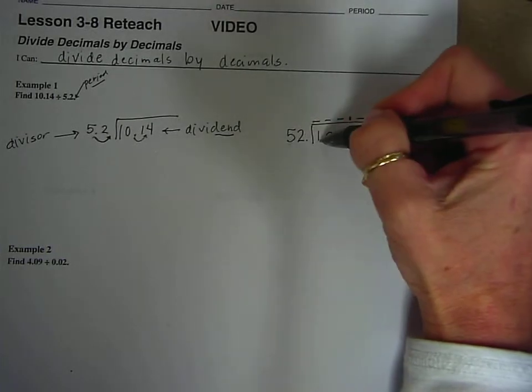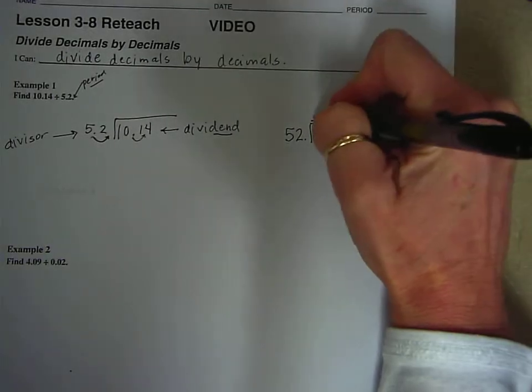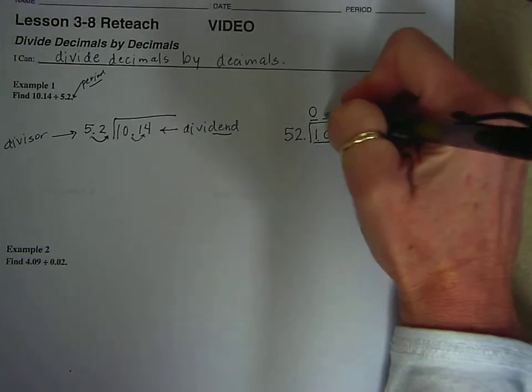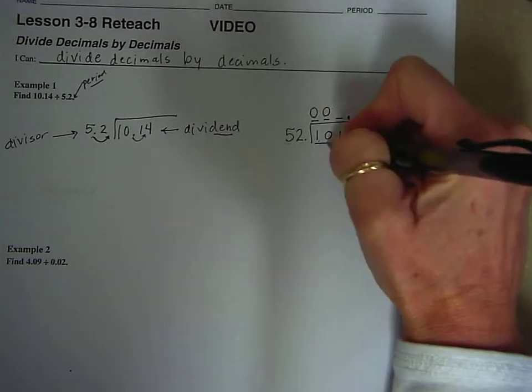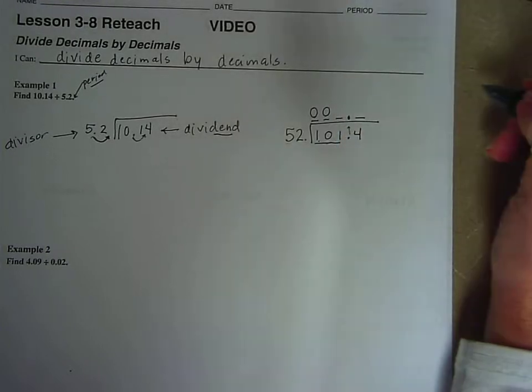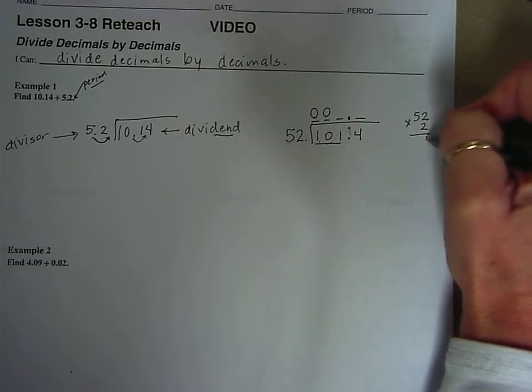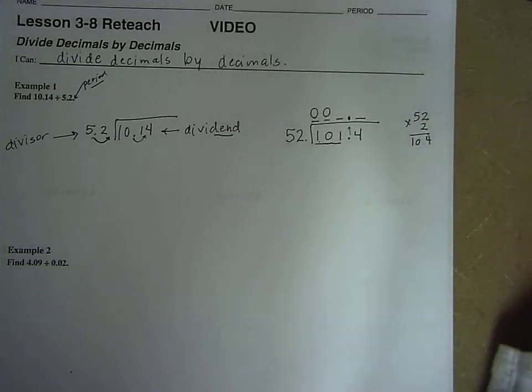Okay, 52 will not divide into 1. 52 will not divide into 10. 52 will divide into 101. Let's see what happens if I multiply by 2. Yeah, that's what I thought. That's too big.